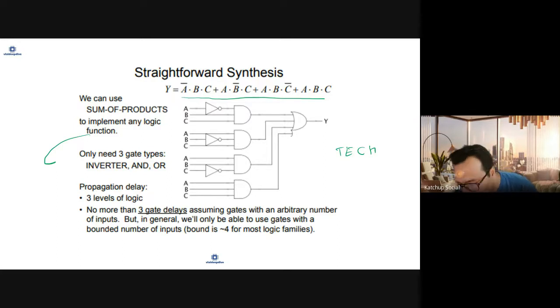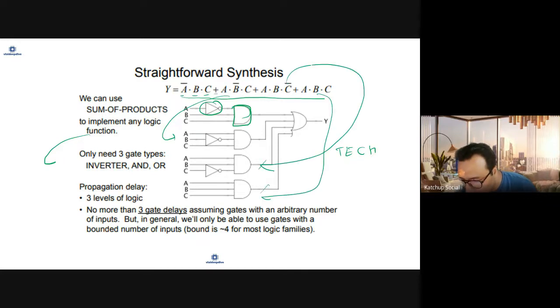For example, this is NOT of A ANDed with B and C. It can convert this into this gate. Similarly, other conditions also. And then plus, the OR of all these conditions produces your output. So this is a simple representation.